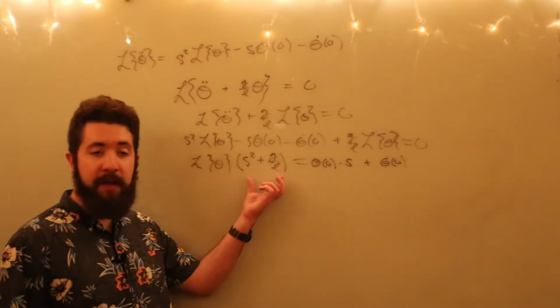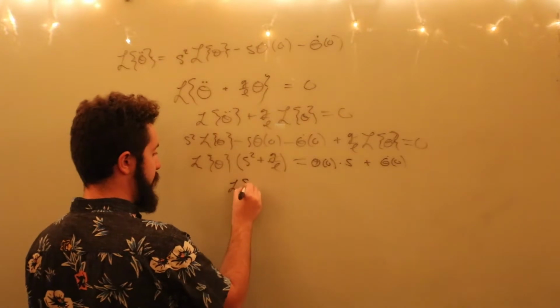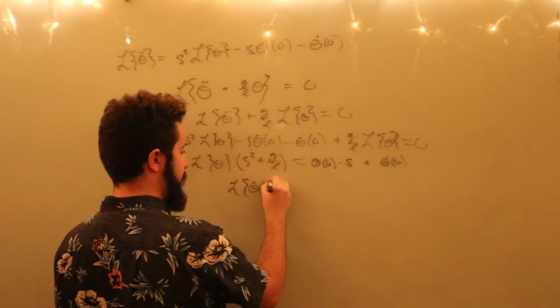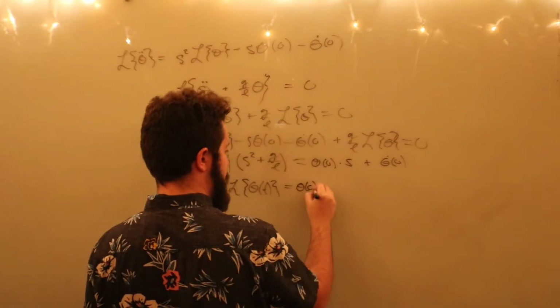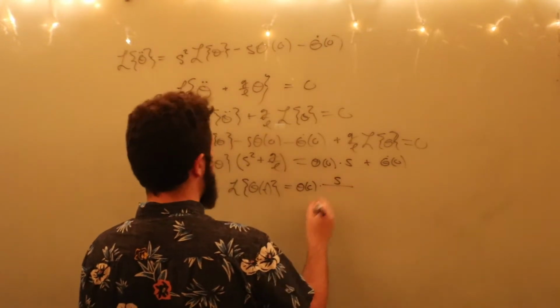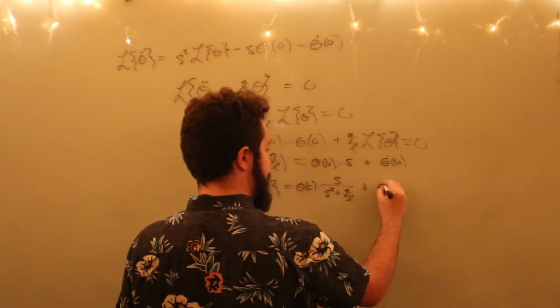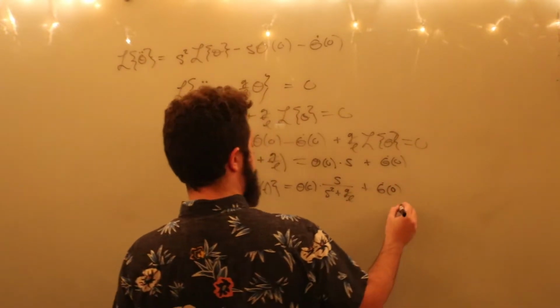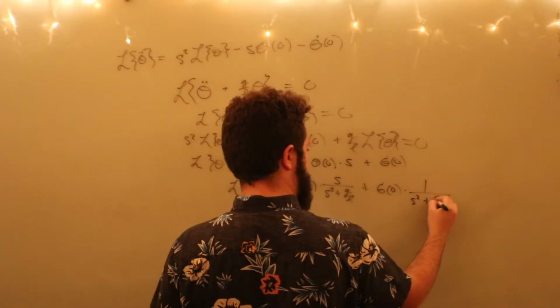Now we're going to divide by s squared plus g over L, and we're going to get that the Laplace transform of theta of t is equal to theta of 0 times s over s squared plus g over L plus theta dot of 0 times 1 over s squared plus g over L.